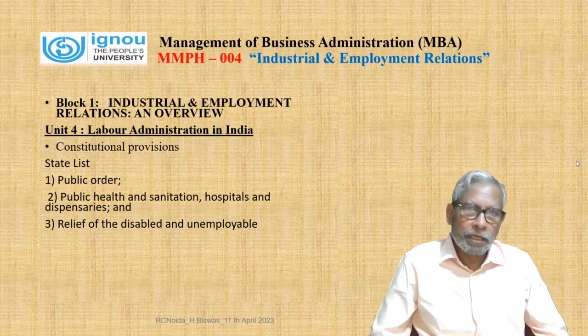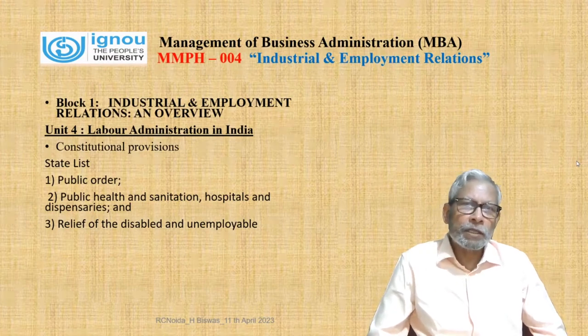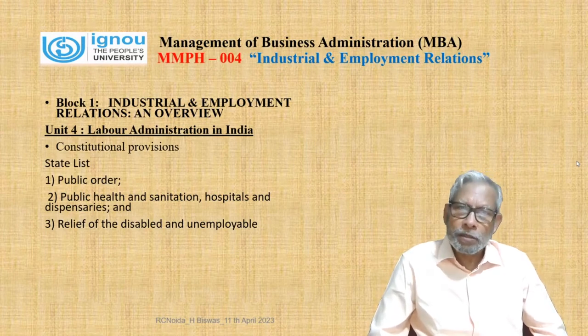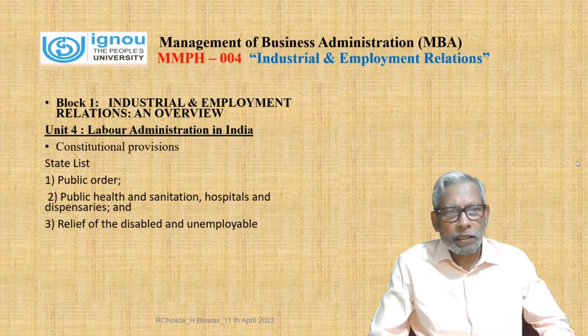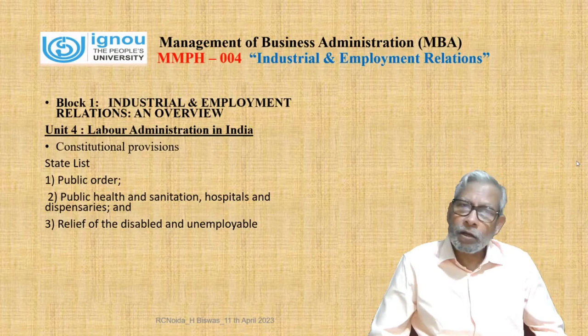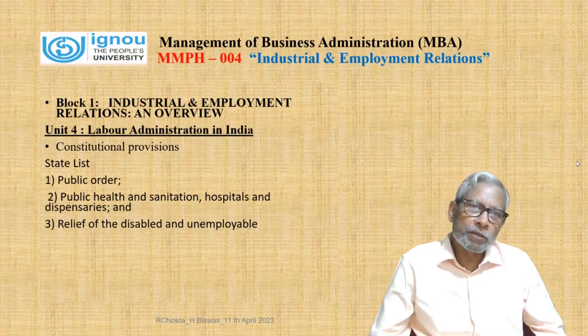So there is some stipend or some unemployment amount that should be there so that they can survive, or the young generation, those who are educated or trained skilled laborers. That type of thing is given. All are state list. The state has to see to their employment.